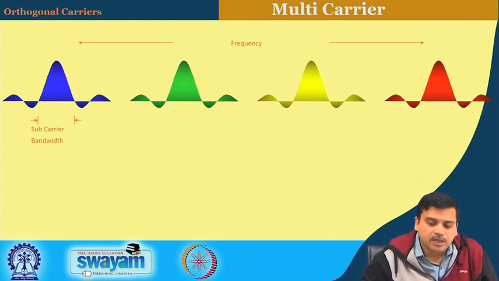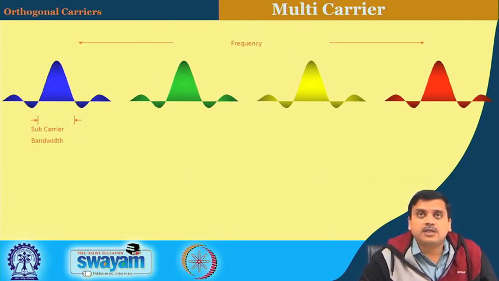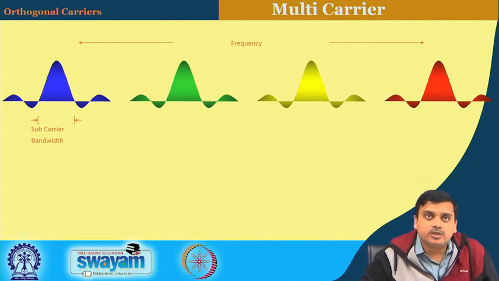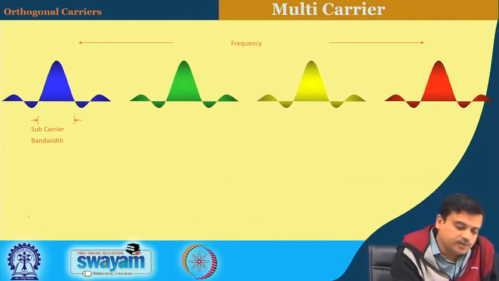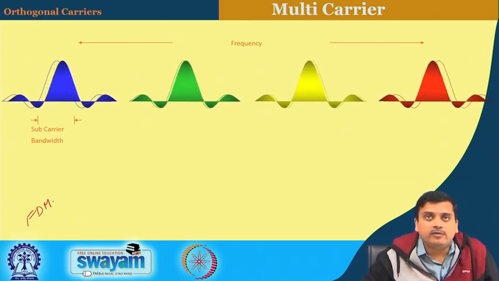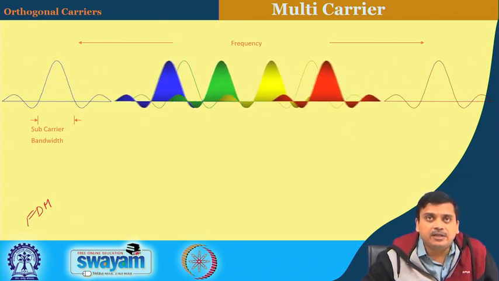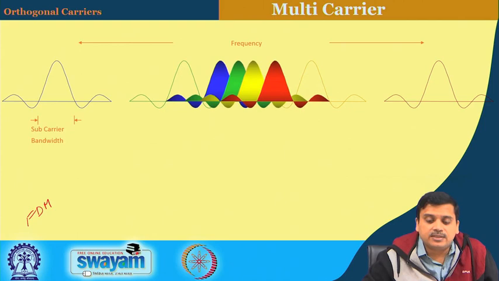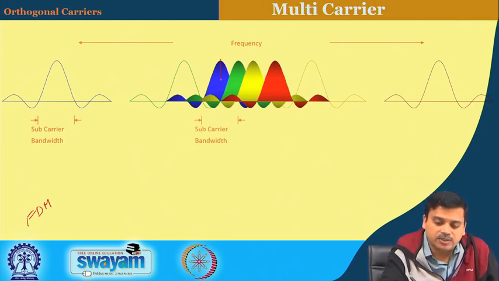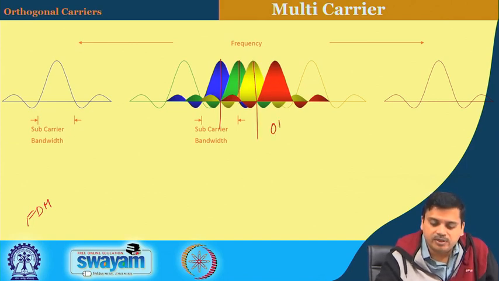So, this is an animated picture which helps us understand what is actually happening. This particular version is a general FDM, you can say. And if we let it change, then what we will find is that now these are orthogonal to each other. That means the peak is coinciding with the nulls of all other subcarriers, and what we get as a result is OFDM.